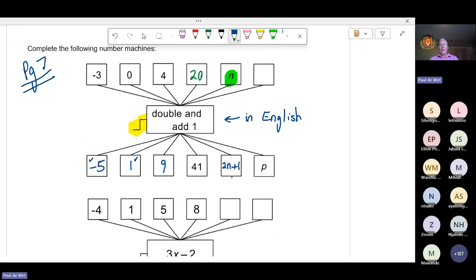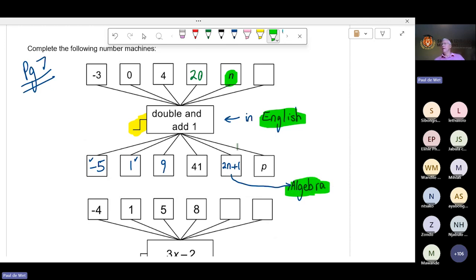This here is algebra. And it's just using symbols. It's using a variable to express this English. So instead of using English, we're using maths, we're using symbols. Okay.